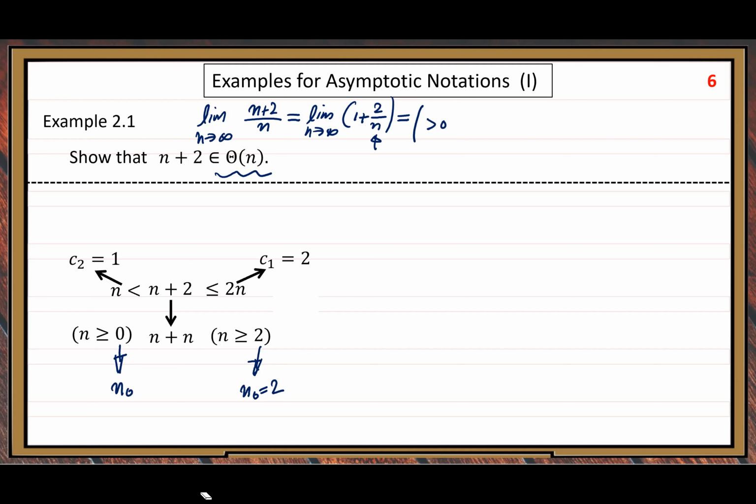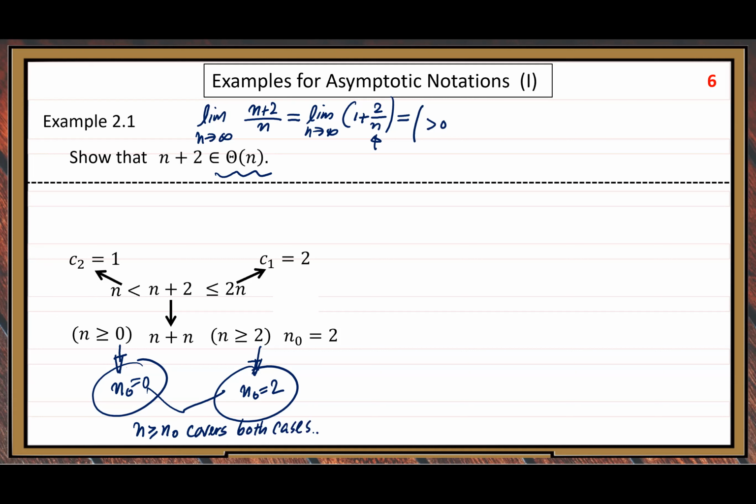Other than that, we need to choose a good n0 value. What I mean is, n greater or equal to n0 should cover both cases.